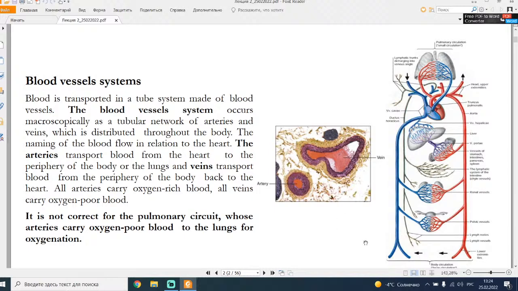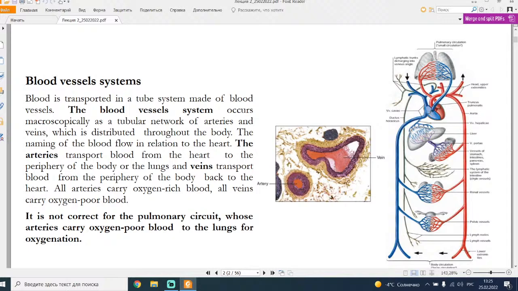The arteries transport blood from the heart to the periphery of the body or the lungs, and veins transport blood from the periphery of the body back to the heart. All arteries carry oxygen-rich blood.